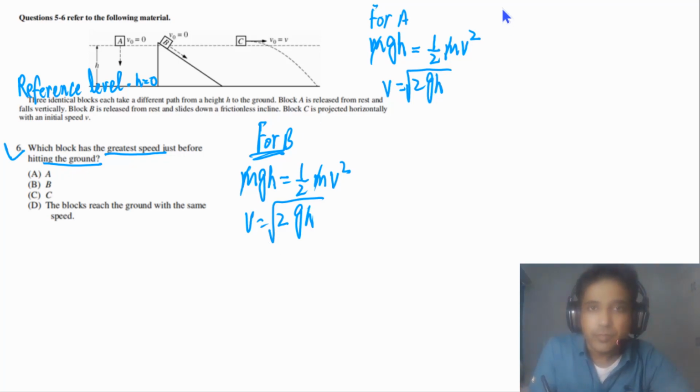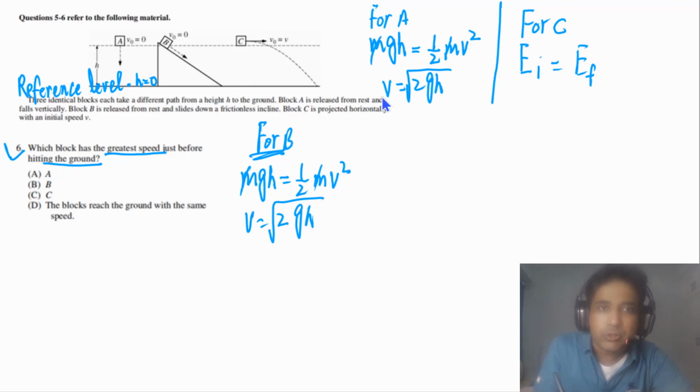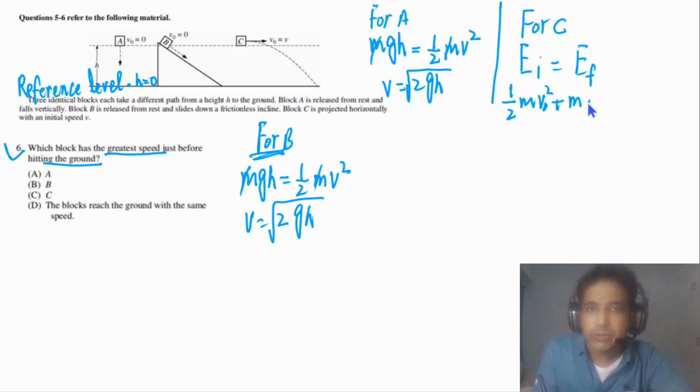Now if you look at block C, the initial mechanical energy has to be equal to the final mechanical energy. The initial mechanical energy has initial kinetic energy, 1/2 m v naught squared, plus the initial GPE.